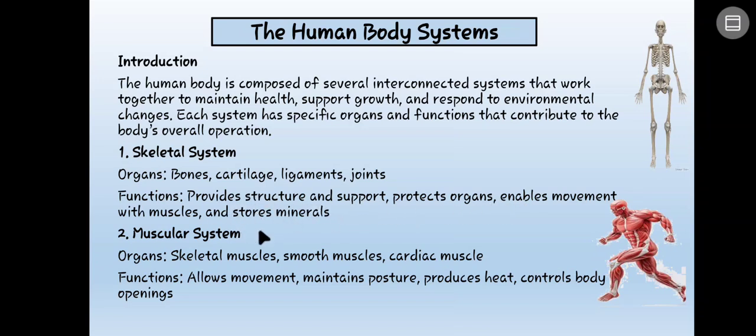These are the functions of the skeletal system. The bones, cartilages, ligaments, and joints are the organs of this system, and they come together to ensure its overall operation. You can see a diagram of the human skeleton over here.